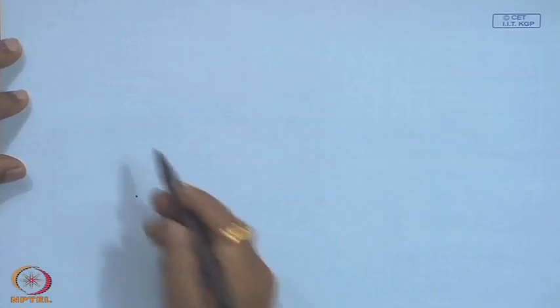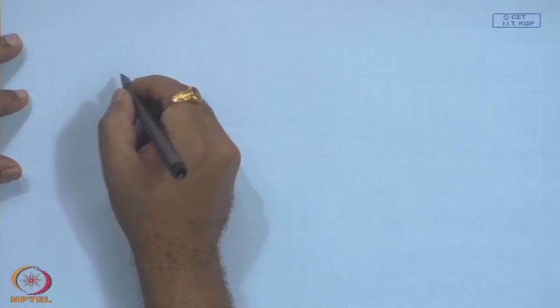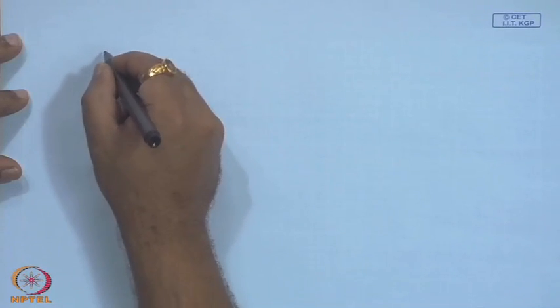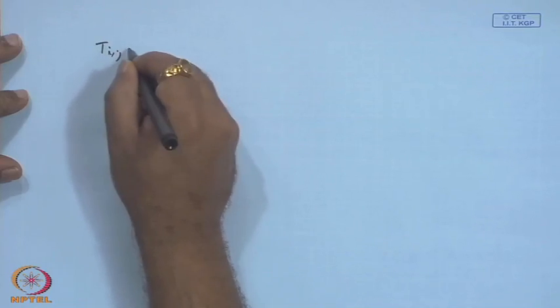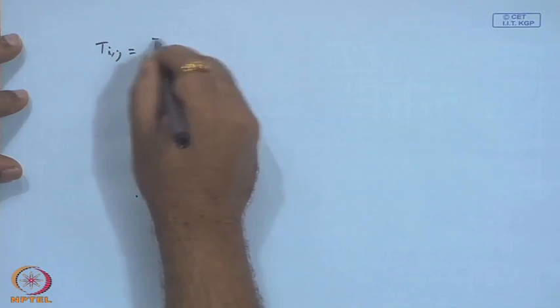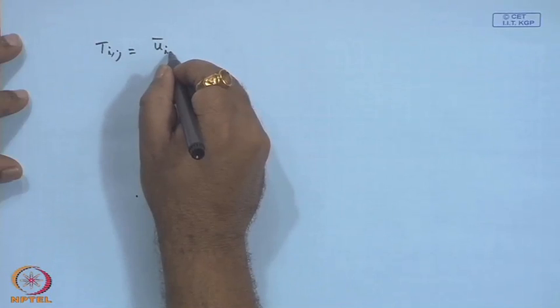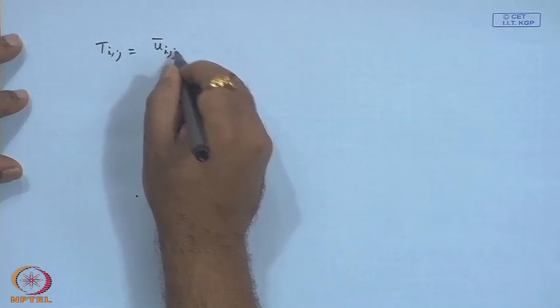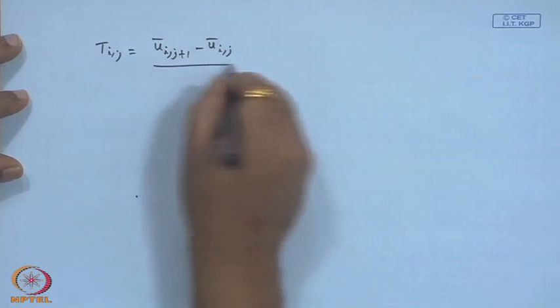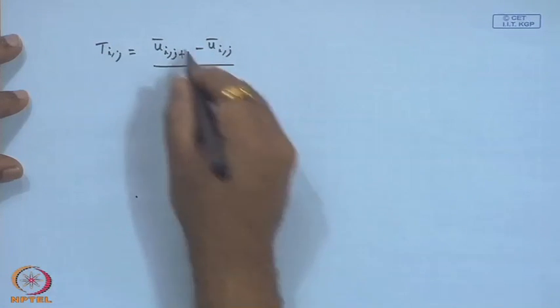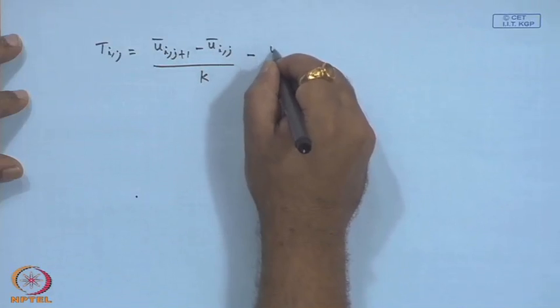By Taylor's expansion. So, consider, the error is nothing but you replace by the true value in the discretized version. So, that is what I am going to do. You take the discretized version and replace the true value.